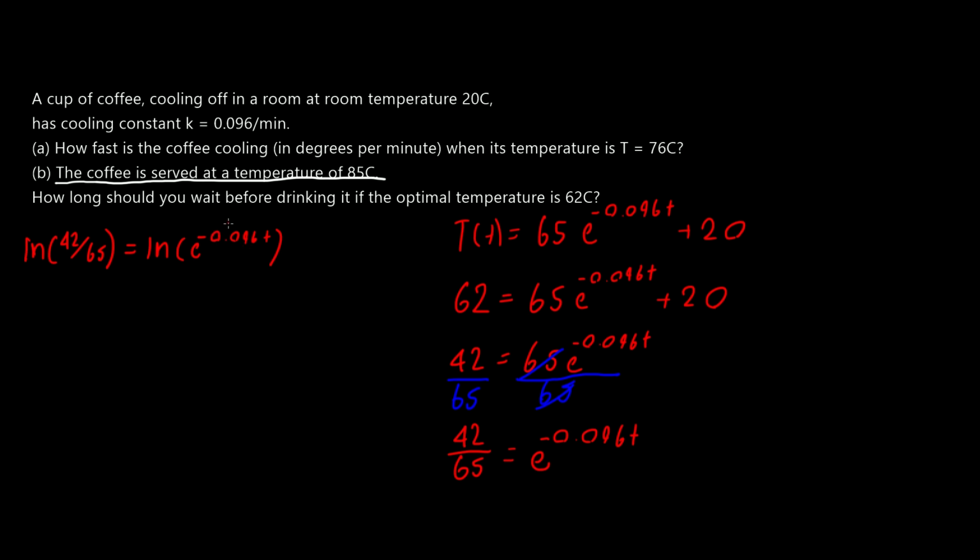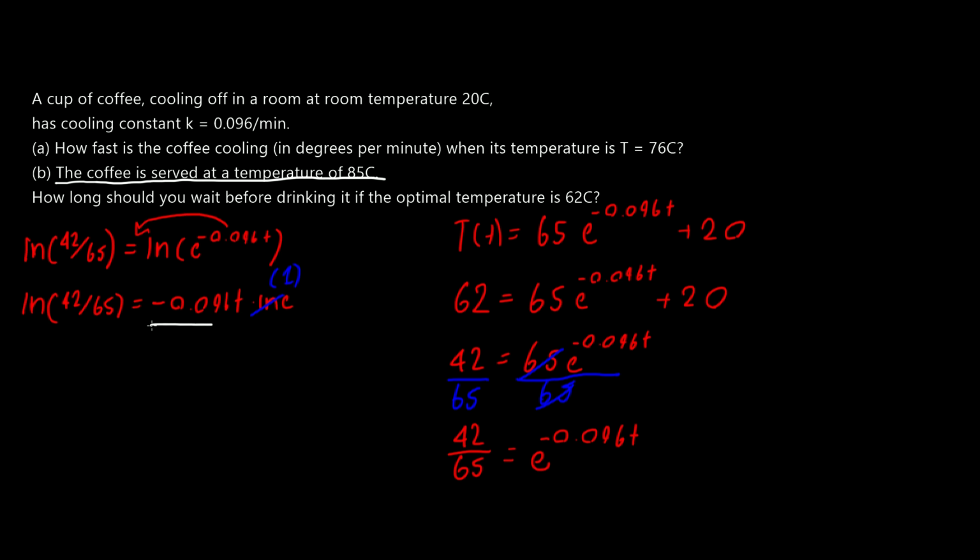The reason we're doing that is that natural log has a property that allows us to take the exponent of whatever is inside of the natural log and then just move it towards the front. So we're going to have natural log of 42 over 65 equaling negative 0.096t times the natural log of e. So here the natural log of e is insignificant because it just equals 1.